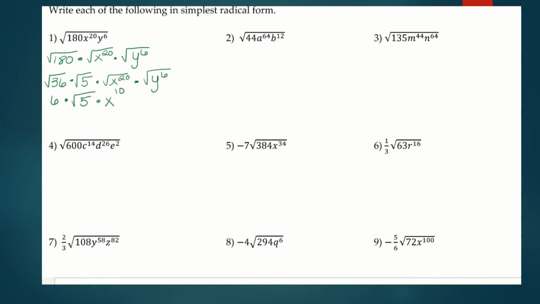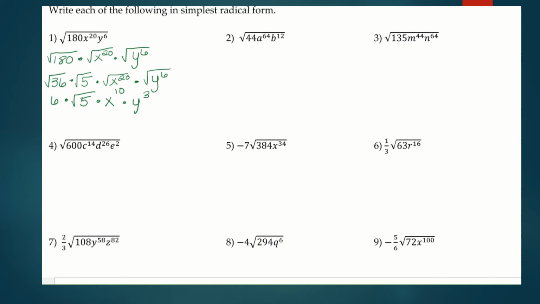Same thing with y to the 6th. Remember, we had to take y raised to a power times y raised to that exact same power to give us y to the 6th. So what did we add together to get 6? We added together y cubed.